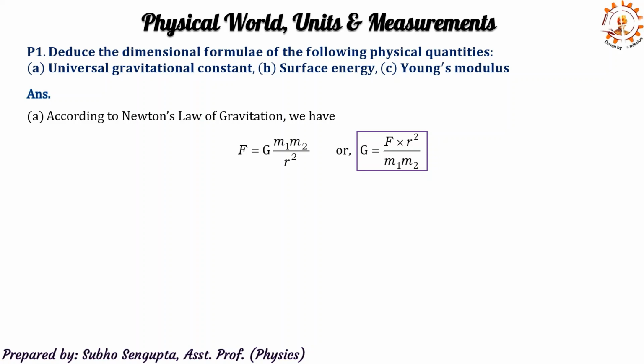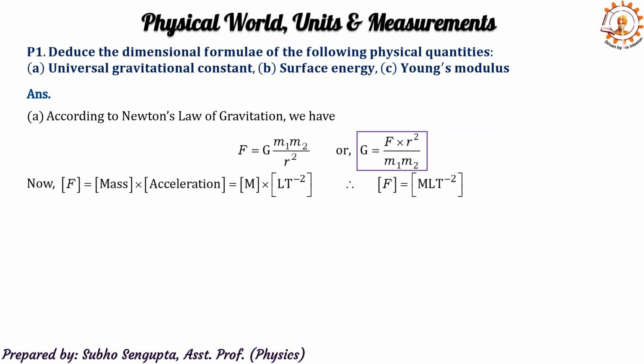Let us now find the dimensional formula of force, F. We know that force is equal to mass times acceleration. The dimensional formula of mass is [M], and the dimensional formula of acceleration is [L T^-2]. So, the dimensional formula of force, F is [M L T^-2].